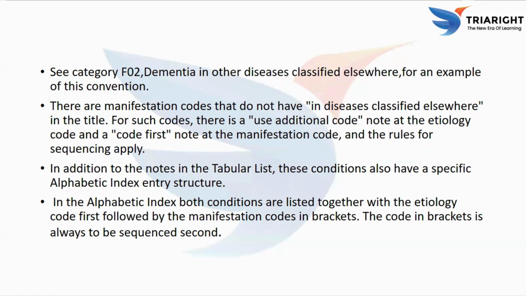Etiology must always be coded first, followed by the manifestation. For example, if the alphabetic index says Parkinson's dementia F02.80, code G20 first for Parkinson's disease, the cause, and then code F02.80, the dementia, the effect.